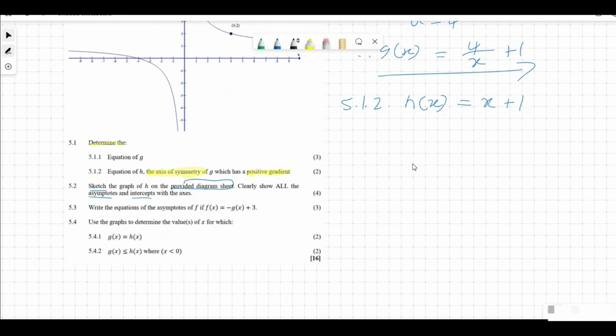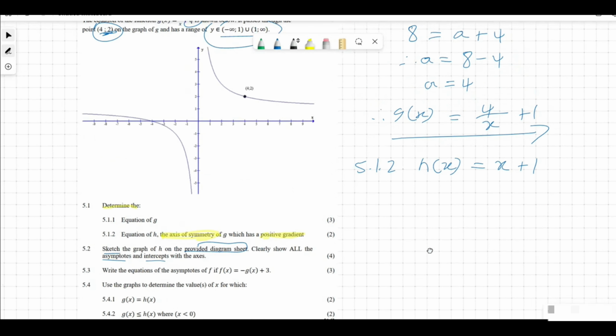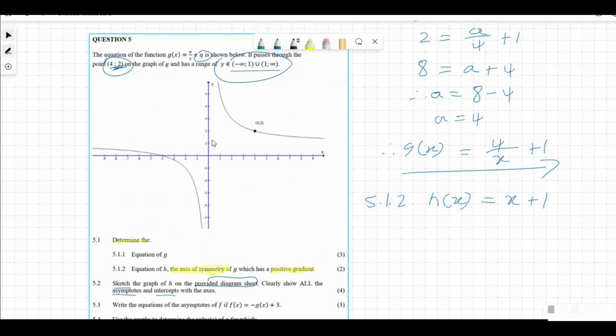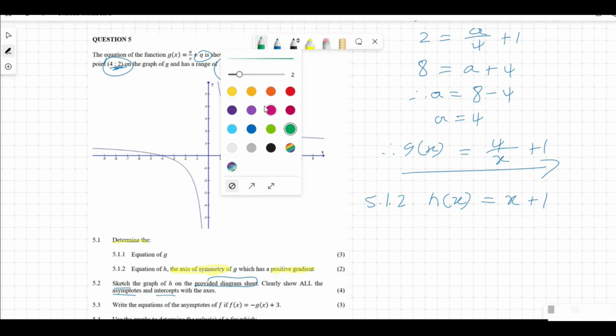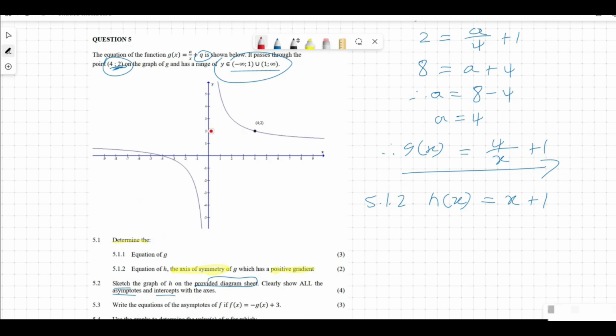So if we were to draw this graph of h on this diagram, we will start by indicating the horizontal asymptote, which is not indicated here. We already know it's at y equals 1 from our graph.